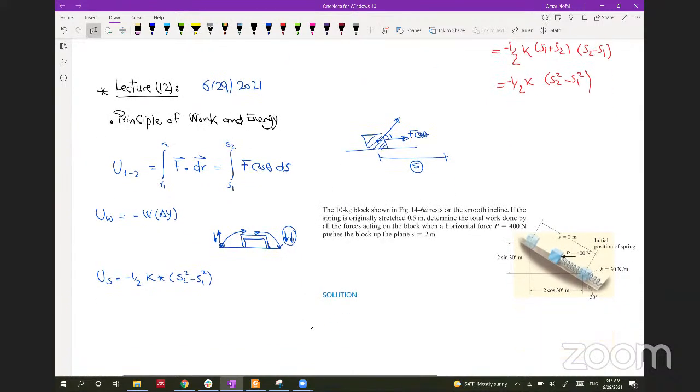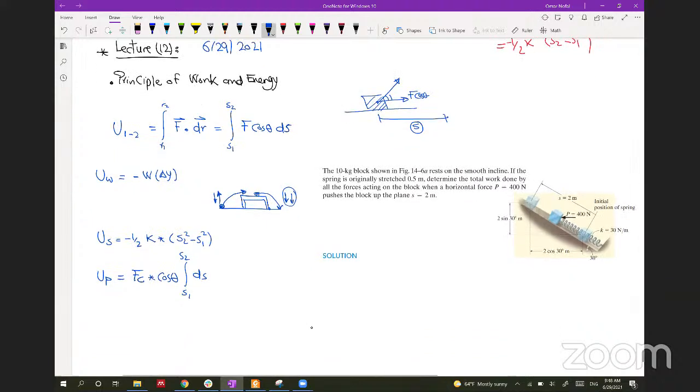We proved all of these last time. Also, the work done by a constant force P will be equal to the constant F multiplied by cosine theta by the integration of ds from S1 to S2.